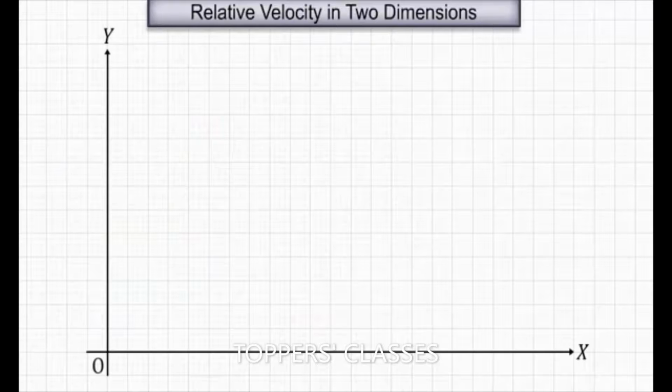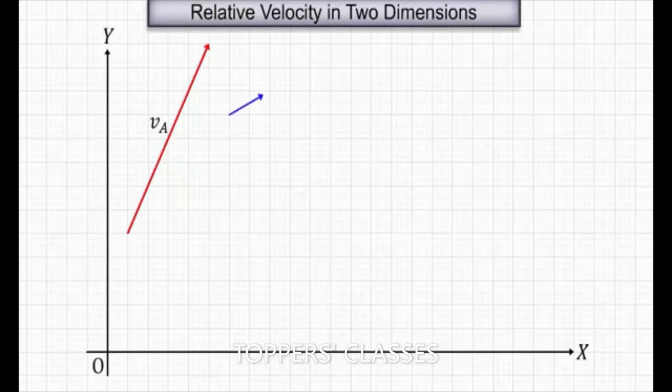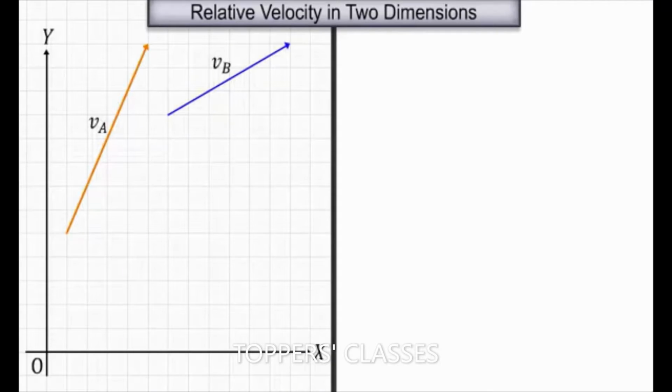Now, let's discuss relative velocity in 2 dimensions. Consider two bodies, A and B, moving in the xy plane with velocities VA and VB respectively with respect to the coordinate system. The velocity of A with respect to B is written as VAB is equal to VA minus VB.